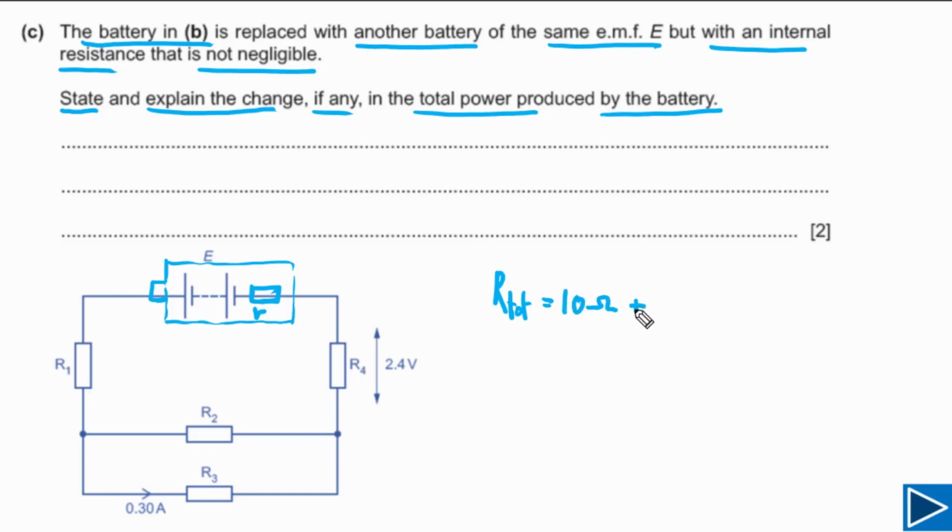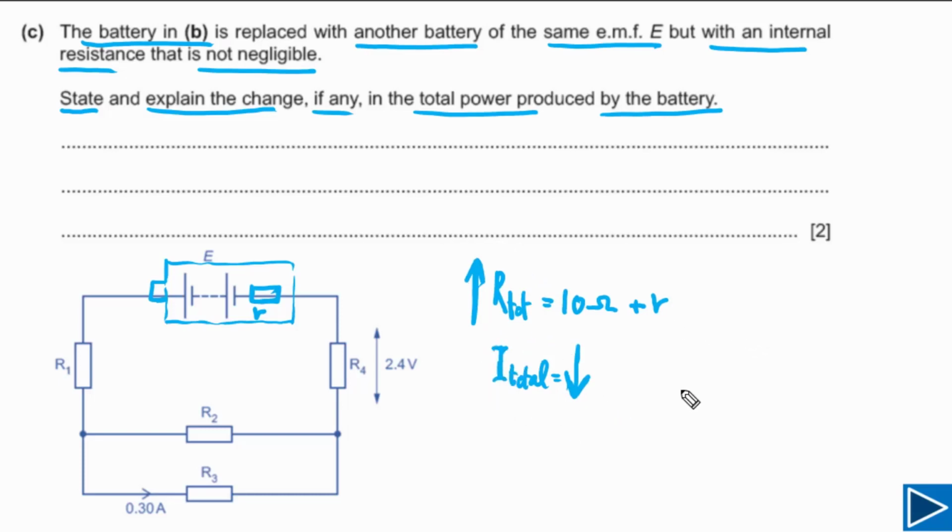But now you can see here we have another resistance that is connected in series. So it means the total resistance of the circuit is increasing. Total resistance of the circuit increases, so total current I total in the circuit will go down. So these are 2 points we need to understand. First, total resistance of the circuit will increase and total current in the circuit will decrease.